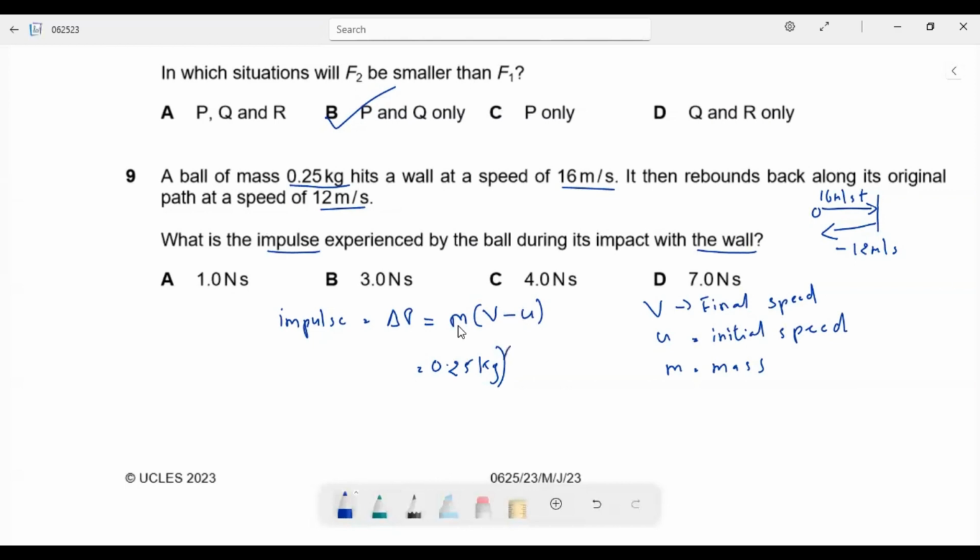So this is 0.25 into v, minus 12, minus initial 16 meter per second. So we'll be getting 0.25 into minus 12 minus 16, minus 28 kilogram meter per second. After multiplying, we'll be getting the answer as minus 7 kilogram meter per second or Newton second. So the answer is D, Newton second.